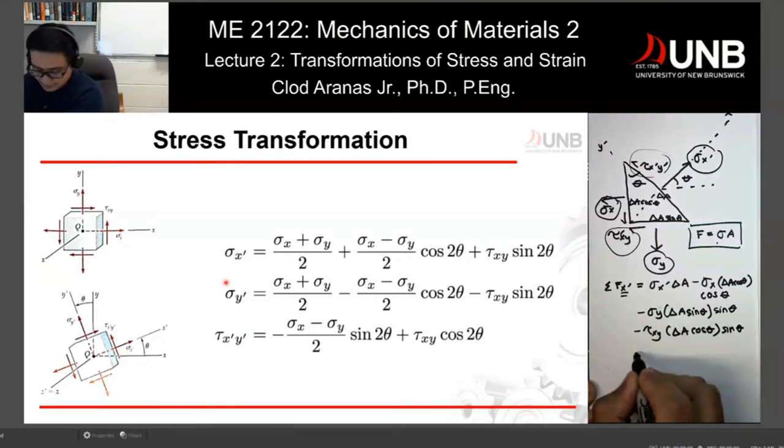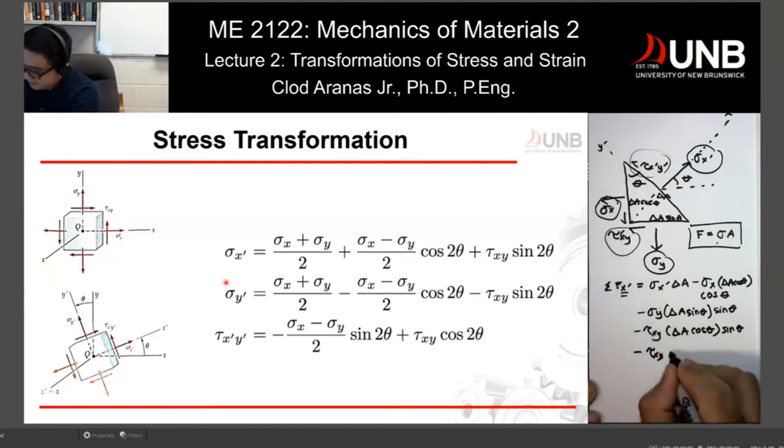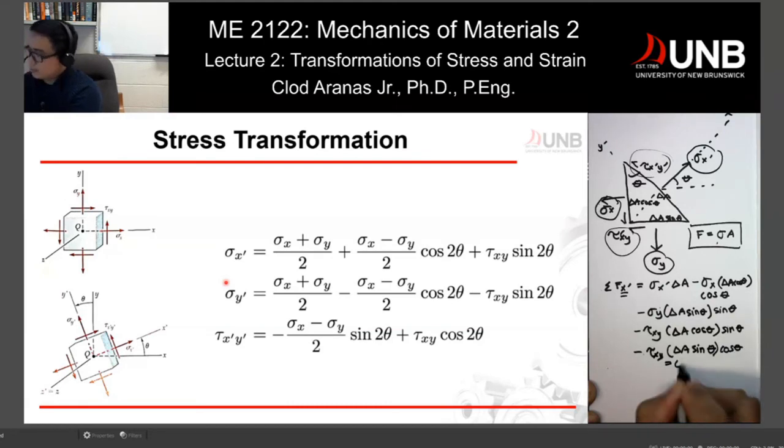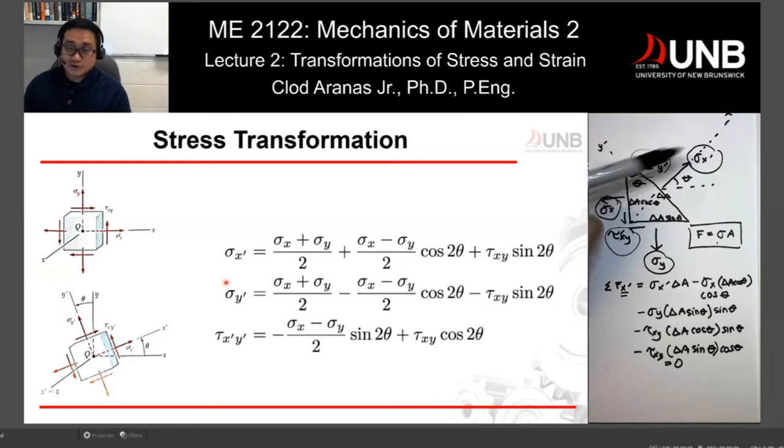Then we have minus tau xy, now on this side, tau xy delta A sine theta, that's just your area, and then cosine theta, and that would be equivalent to 0. So that's our first equation. Of course, tau x prime y prime would not contribute to the stresses associated with x prime. Now we have the first equation.